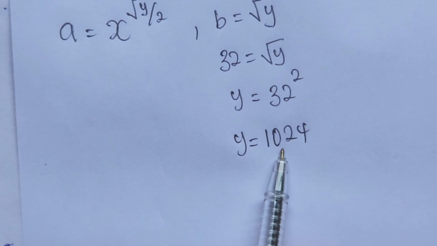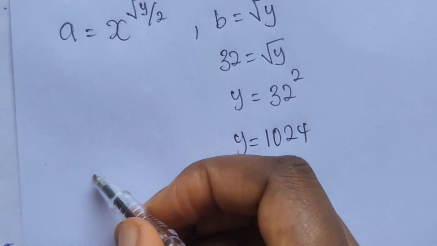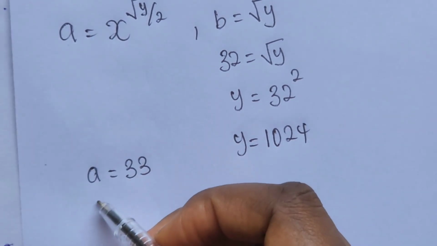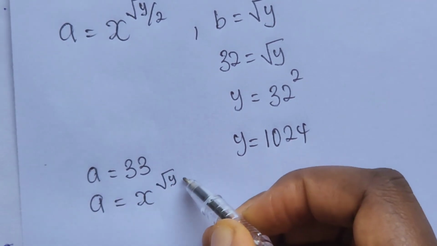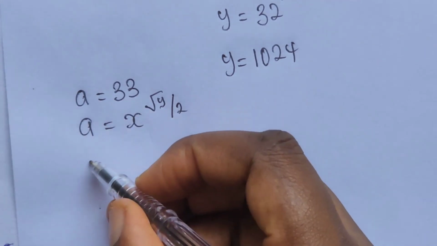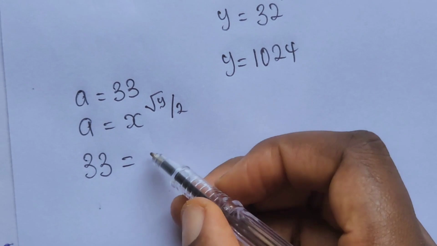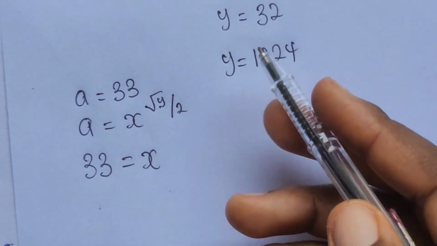So we can input the value of y over here, and we know that a is 33. So we have a to be equal to x to the power of root of y over 2. A is 33. We have 33 to be equal to x, and our y is 1024.